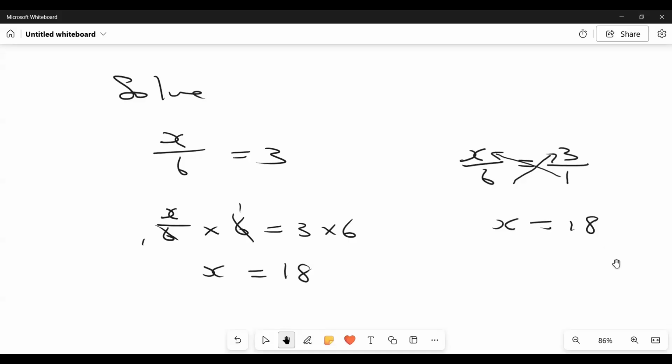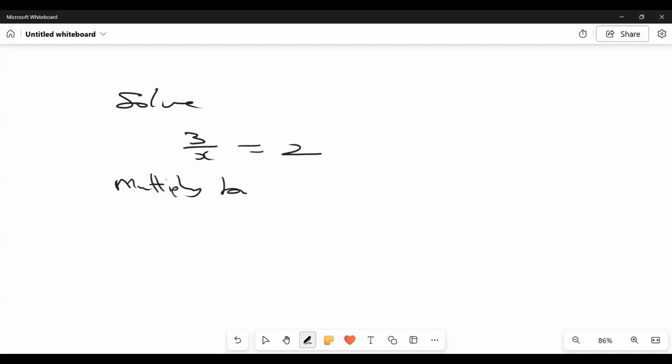All right, let's try another one. What about 3 over x equal to, let's say, 2? Right? So there are two approaches to this. What we could do, multiply both sides by x. Let's go with that.